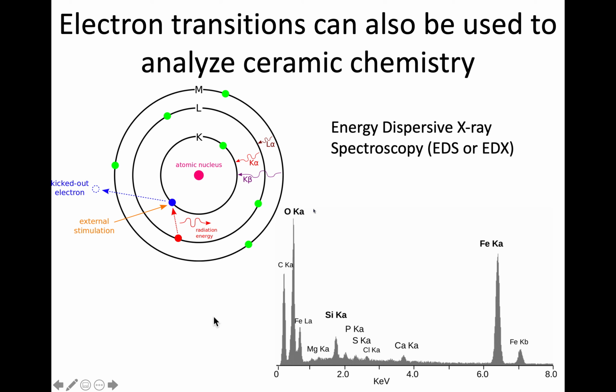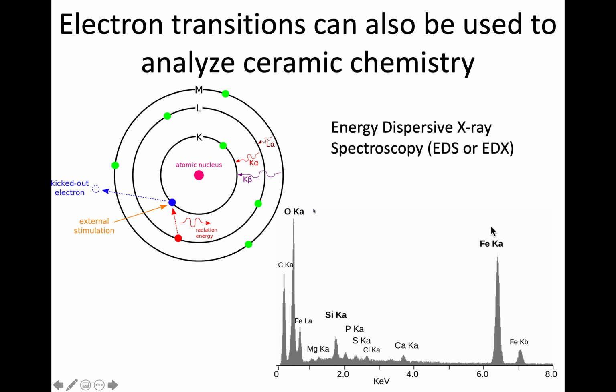And so if we are able to witness, for example, that transition via energy, in the form of X-rays, we can actually use that to identify what types of elements we have. This is basically energy dispersive X-ray spectroscopy, EDS or EDX, and this is using those quantized transitions to measure the energy, which can then tell us what element.